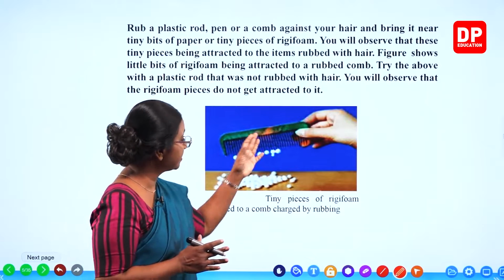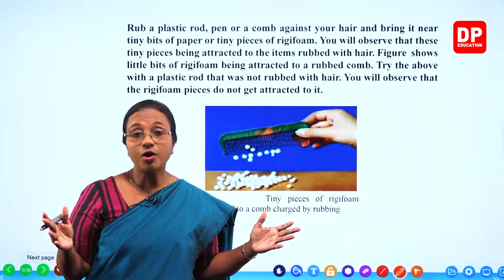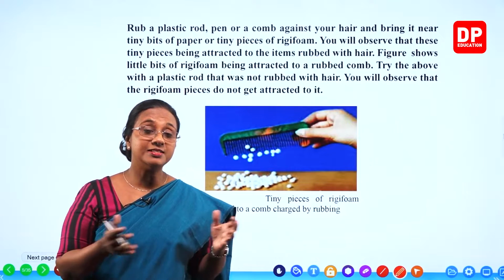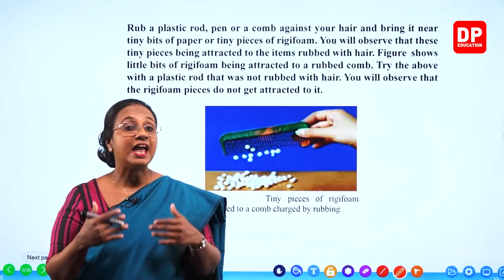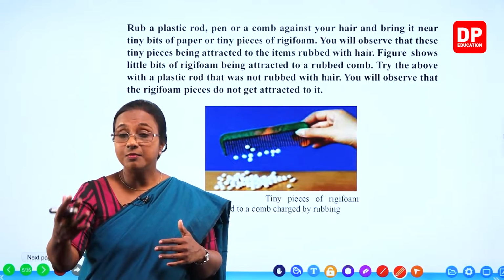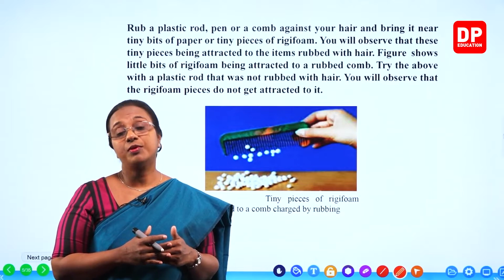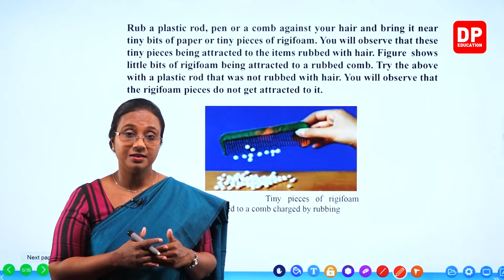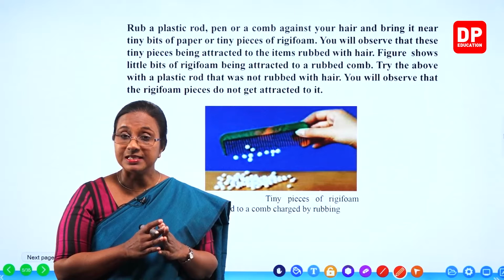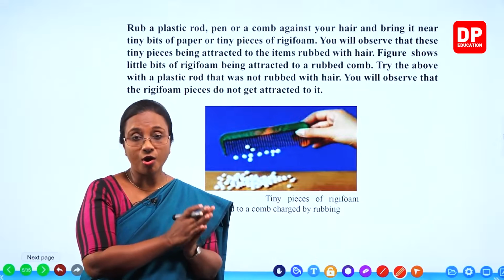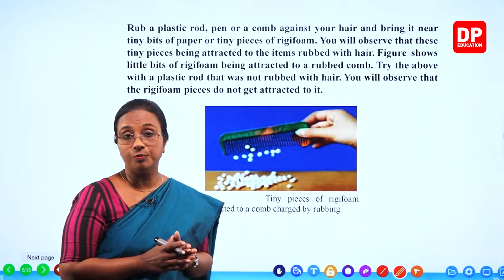Now if we take a plastic comb or plastic rod, they are made up of atoms. There are charged particles, electrons and protons, and from there electrons can move from one place to the other. And when you rub the comb with your hair, what happens is electrons come from your hair to the comb.